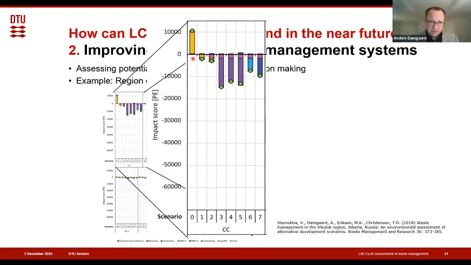And scenario 0 here, this is climate change impacts I focused in on. And out here we have the person equivalent, which is a metric in LCA to say how many average persons this corresponds to. And the yellow here, that was their landfill at this point.